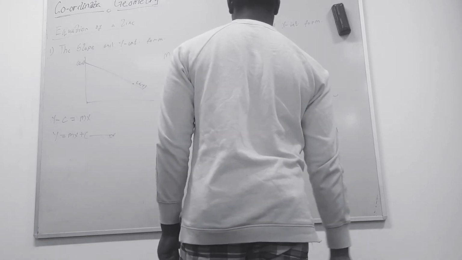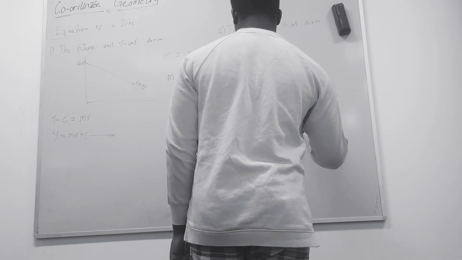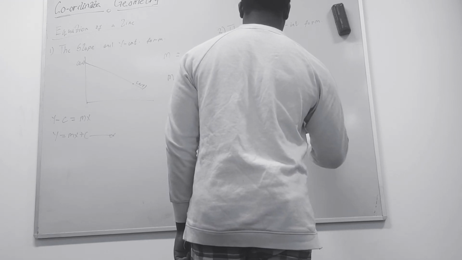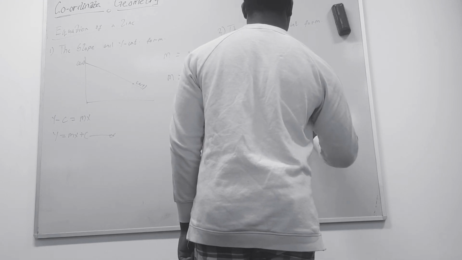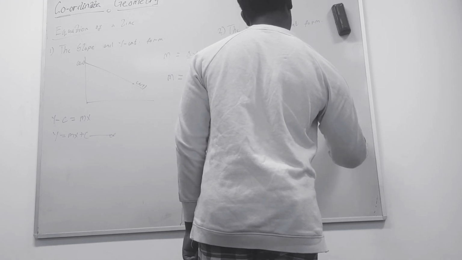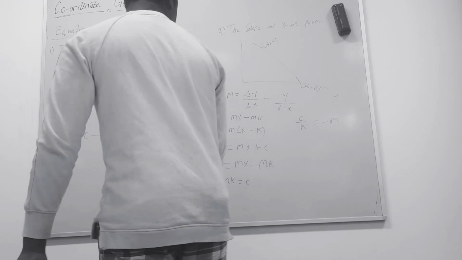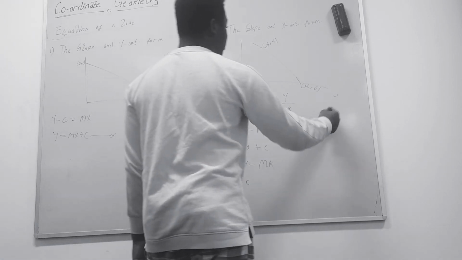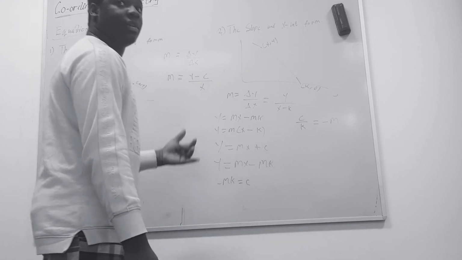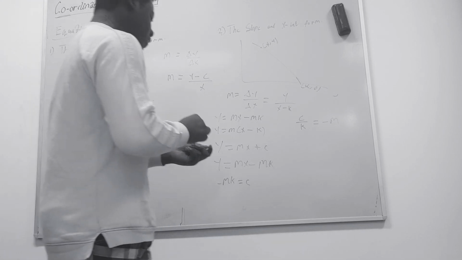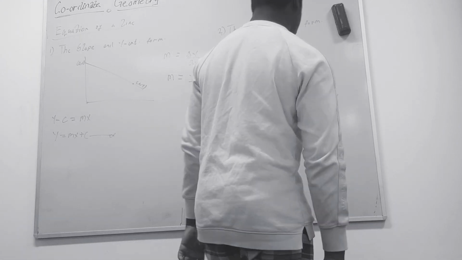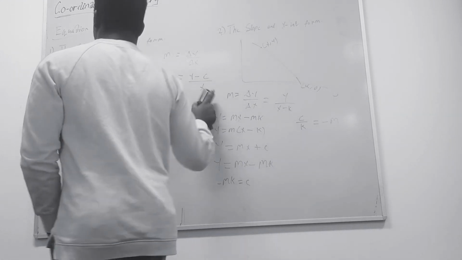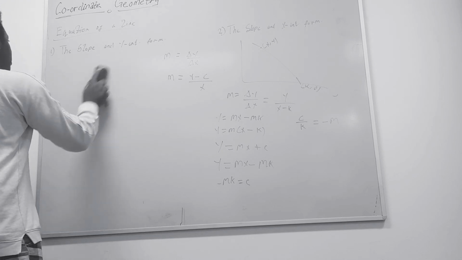So the conclusion is that the y-intercept divided by the x-intercept is equal to the negative of the slope. So if this turns out to be a positive number, just know the slope is negative. If this turns out to be negative, then the slope was initially positive. So those are the first two forms.